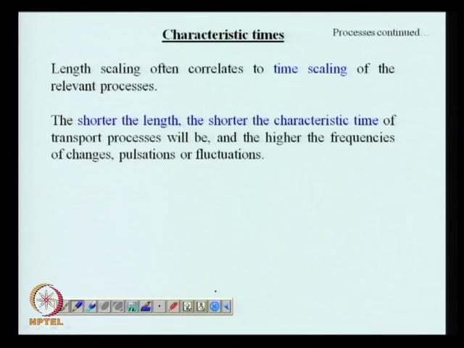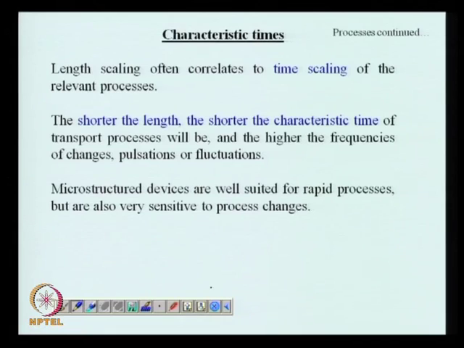Now, length scaling often correlates with time scaling of the relevant processes. Generally speaking, the shorter the length, the shorter the characteristic time.